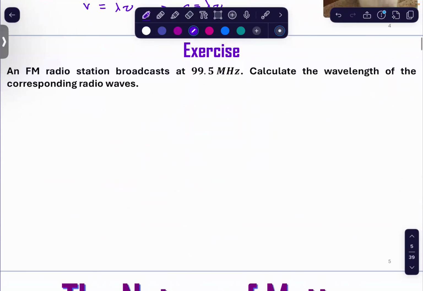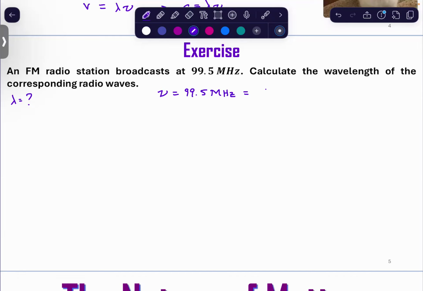So let's see, we have a radio station broadcasting at 99.5 megahertz. Calculate the wavelength of the corresponding radio waves. Okay, so what is this problem asking us for? What are some things we know? Our frequency, 99.5 megahertz, but we know the prefix mega is 10 to the 6th.